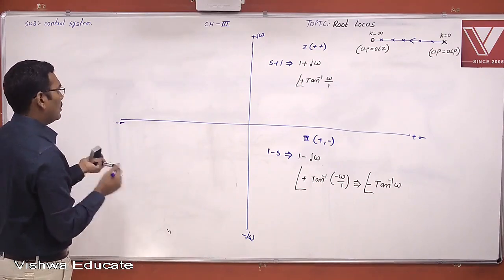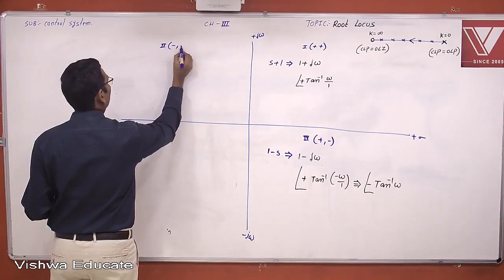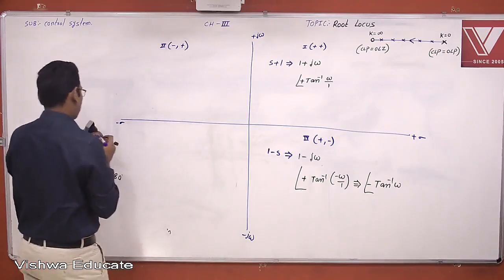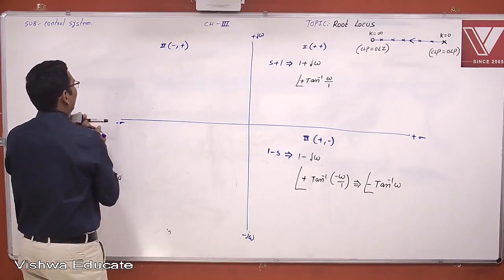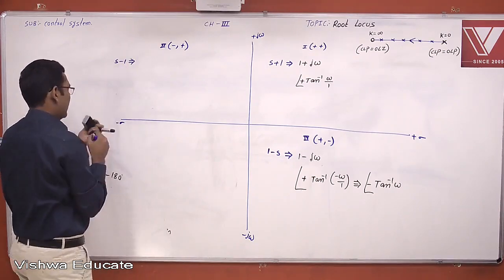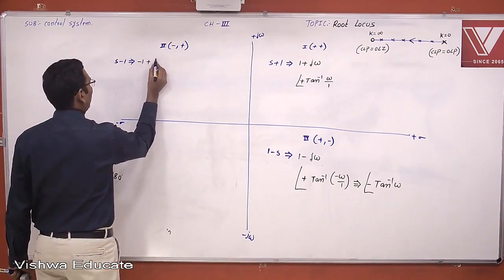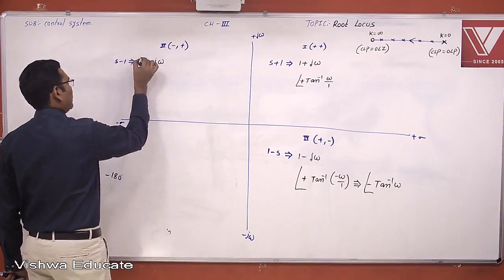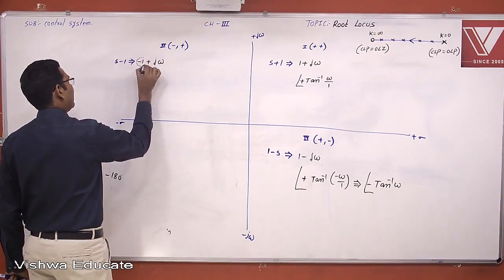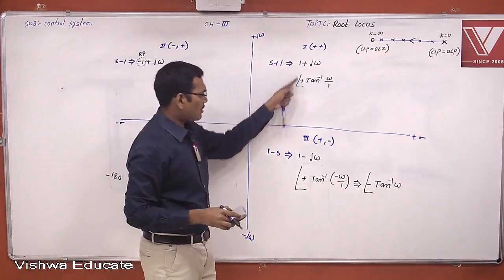Now in the second quadrant, can I write like this? This is s minus 1, which is nothing but minus 1 plus j omega, but here the real part is negative. Remember this one. All the earlier real parts are positive.